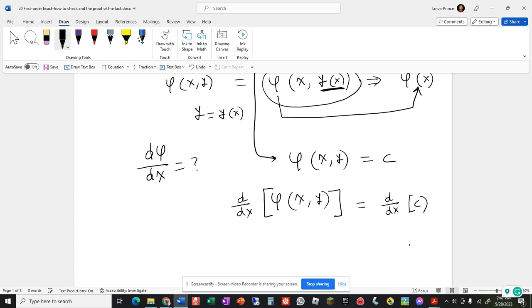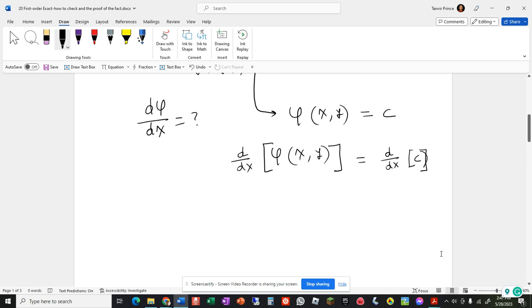Again, on the left hand side, we're thinking of phi as a function of x only, and y is itself a function of x. So my y is actually y of x, and in that sense, phi is a function of x. So we're using d notation instead of delta. But to figure this one out, that's actually the chain rule for the multivariable function.